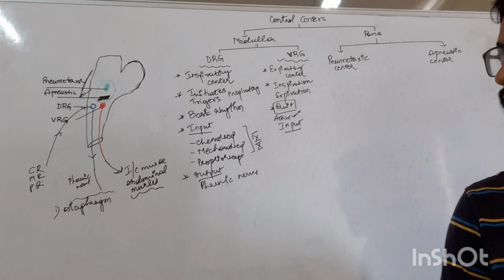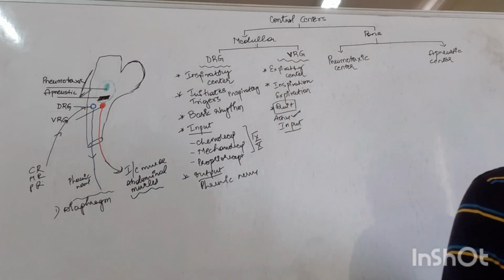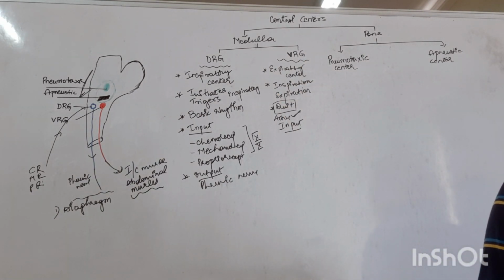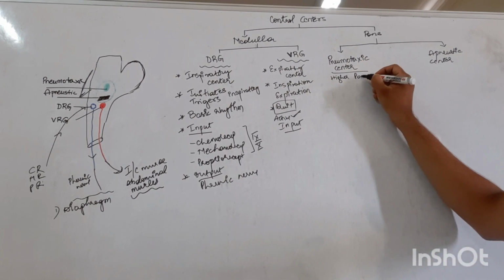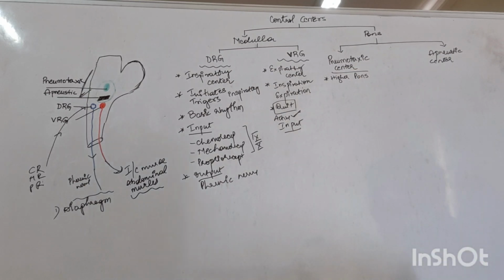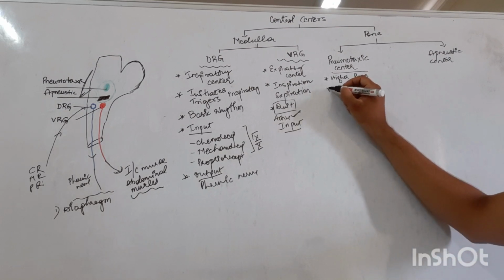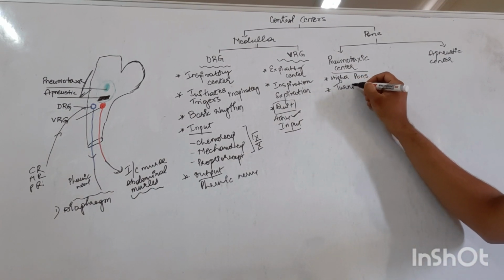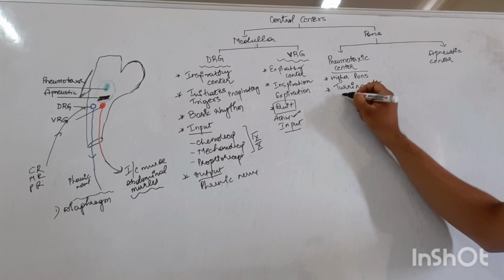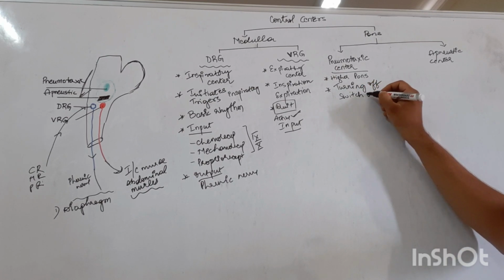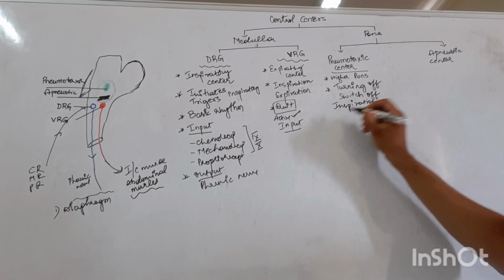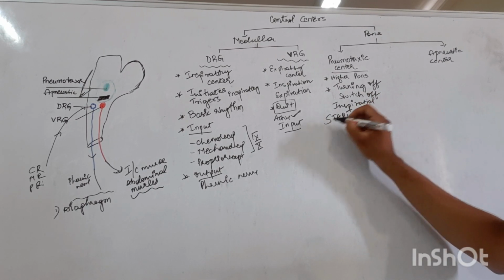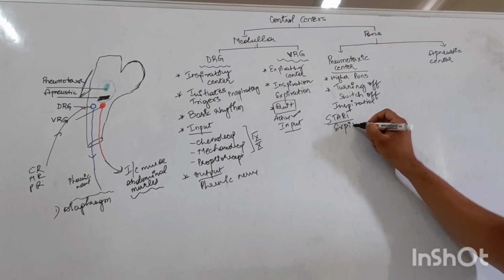Now coming to the pneumotaxic center. The pneumotaxic center is present in the higher pons. These are involved in turning off or switching off the inspiratory process, and they trigger expiration.